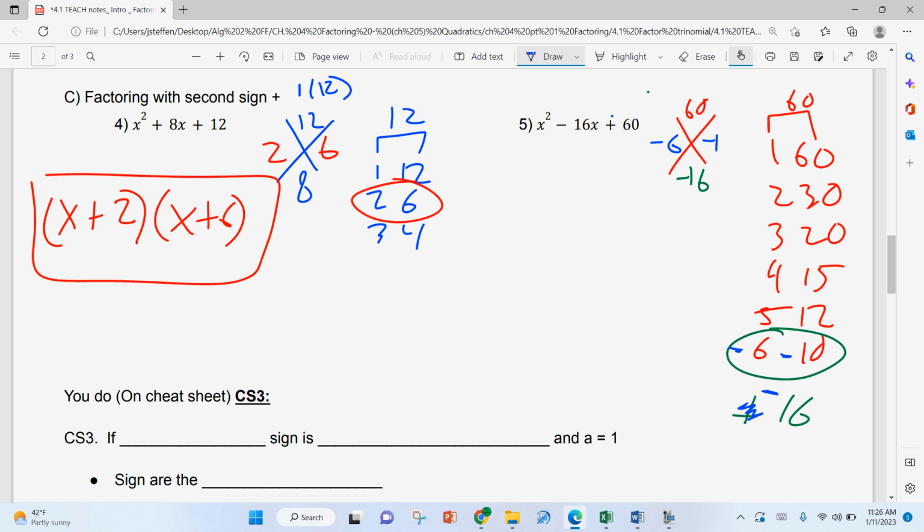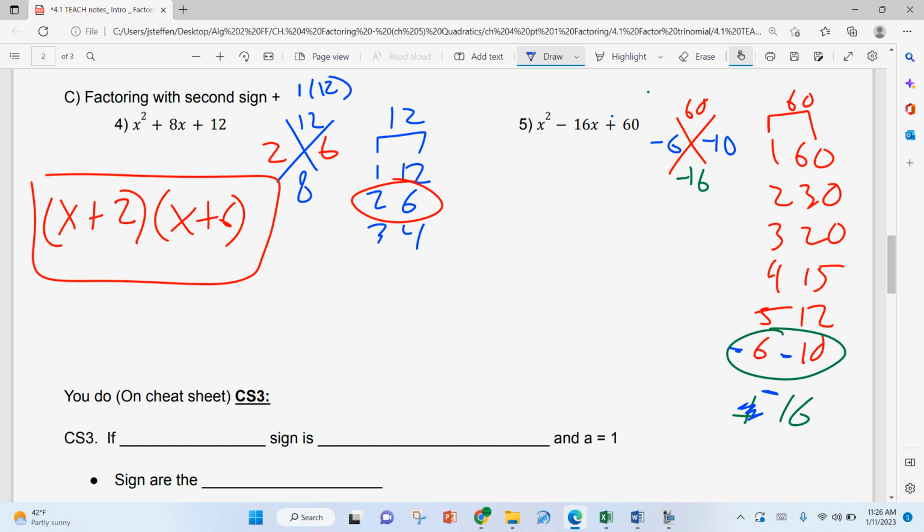Now again, I would greatly encourage you to double check your work at this point. In your calculator, type in negative 6 times negative 10. It does give you positive 60. It is a positive. Negative 6 plus negative 10 is negative 16. I would always take 2 seconds to do that because that's how you can catch a lot of your mistakes with those positives and negatives.